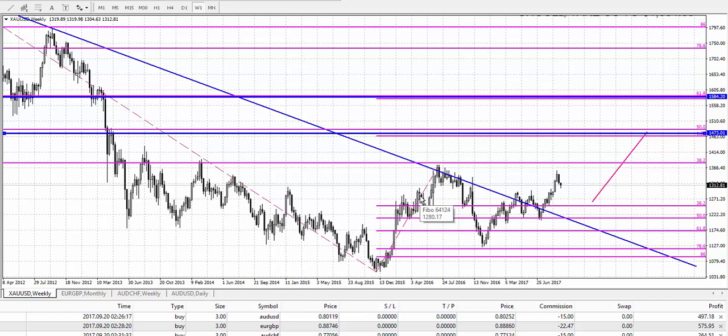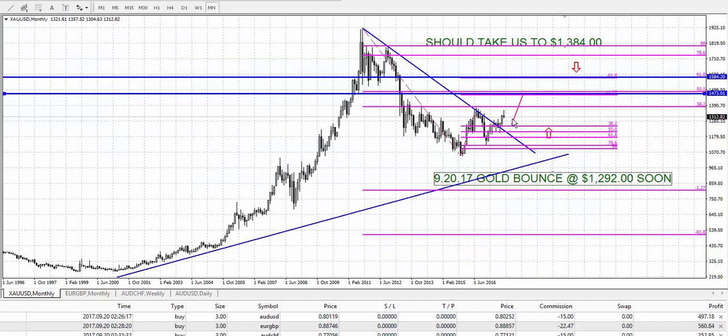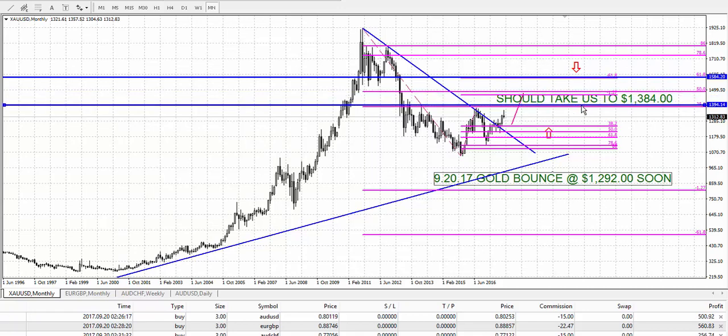But I will be very, very surprised if we don't hit first this level, 1380 roughly, then 1470 and 1580. So it's basically $100 increments in gold. Okay, 1384, which is a 38%.